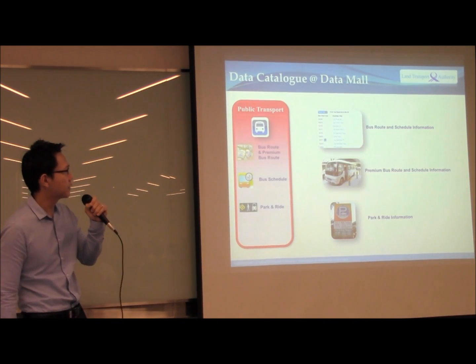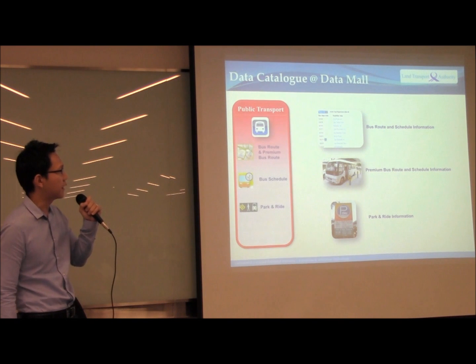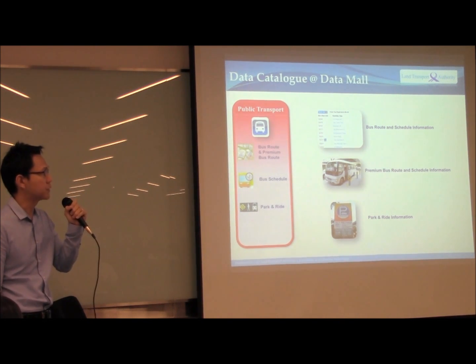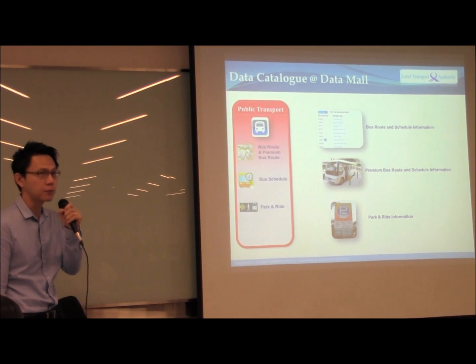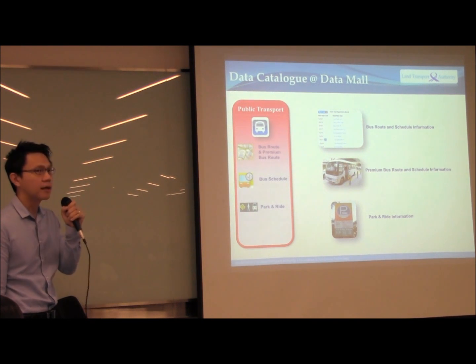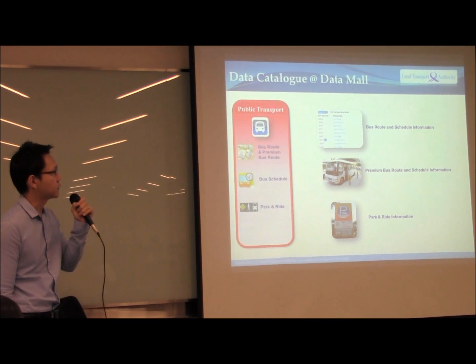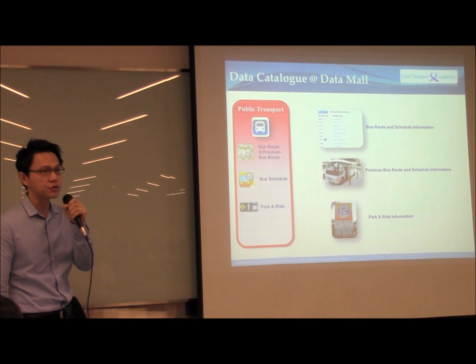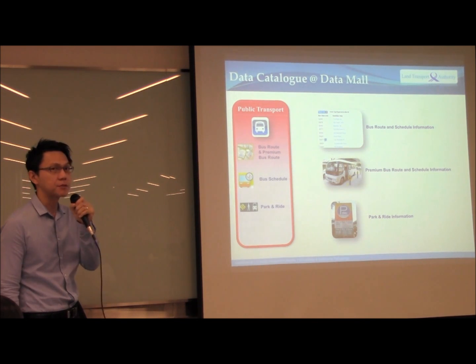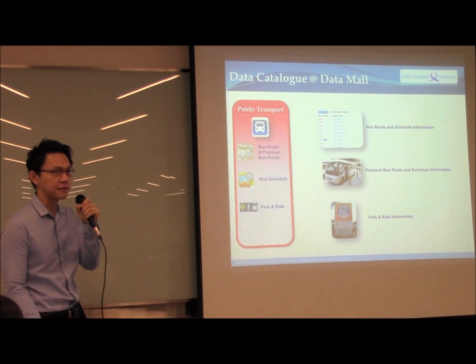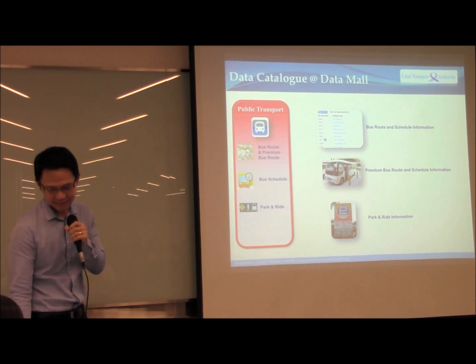The public transport category contains bus information like bus routes and bus schedules for both public buses and also privately driven buses. So if you are looking at developing a solution that benefits public transport commuters, you can make use of data sets available in this category.